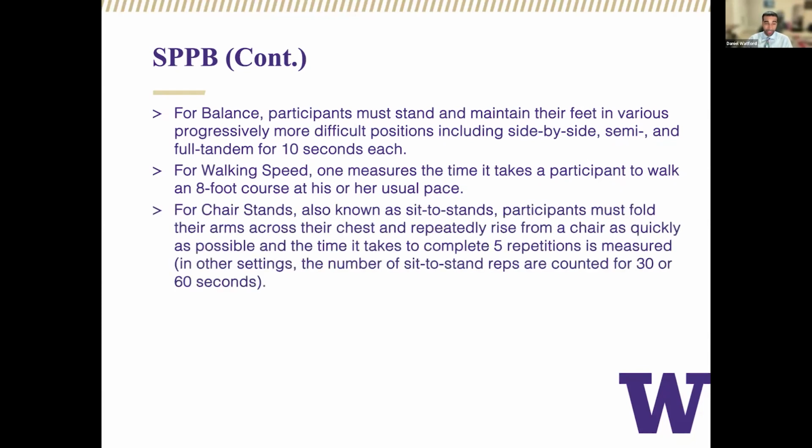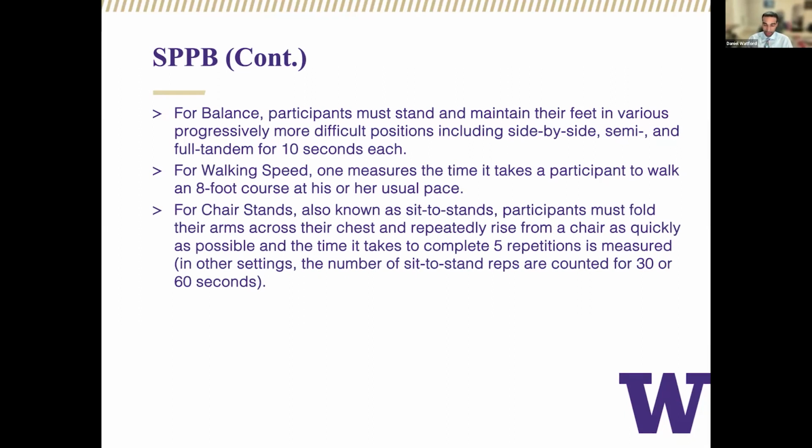For the chair stands, or sit-to-stand aspect, participants must fold their arms across their chests and repeatedly rise from a chair as quickly as possible, and the time it takes to complete 5 repetitions is measured. In some settings, you may also assess the number of sit-to-stand reps performed in a 30-second or even a 1-minute time frame.